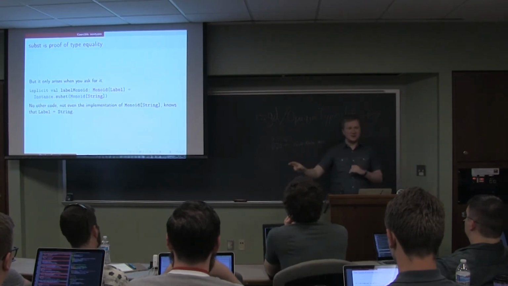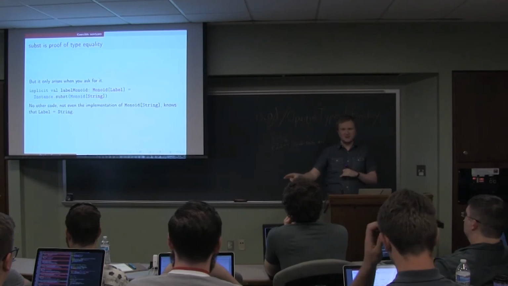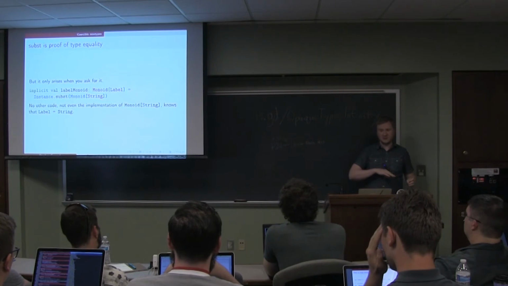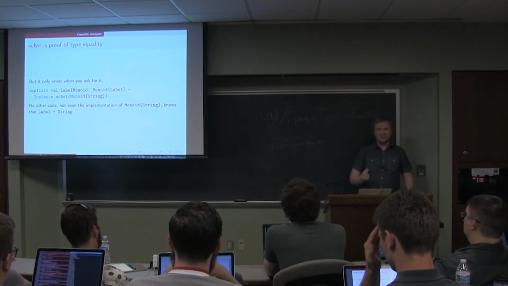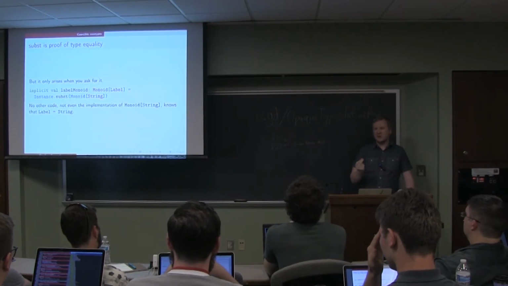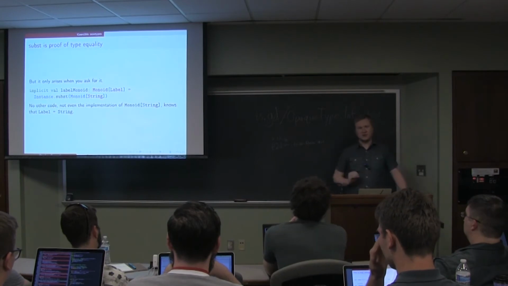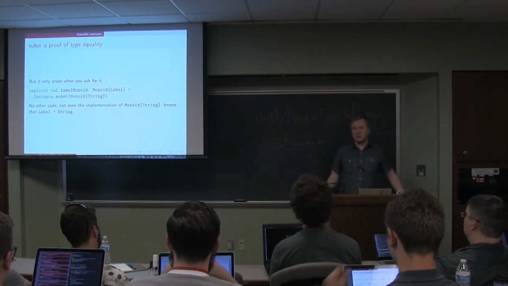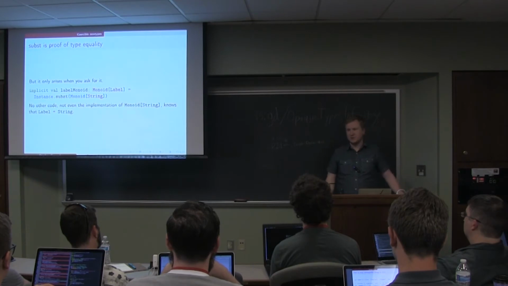The implementation of monoid of string does not know that label equals string. We don't know now that label equals string now that we've just done this transformation. The only time that that equality appeared was right where we were calling subst. So it's a very confined, constrained way to expose type equality, to let people do pretty much anything they want with your opaque types. It's a very flexible approach.